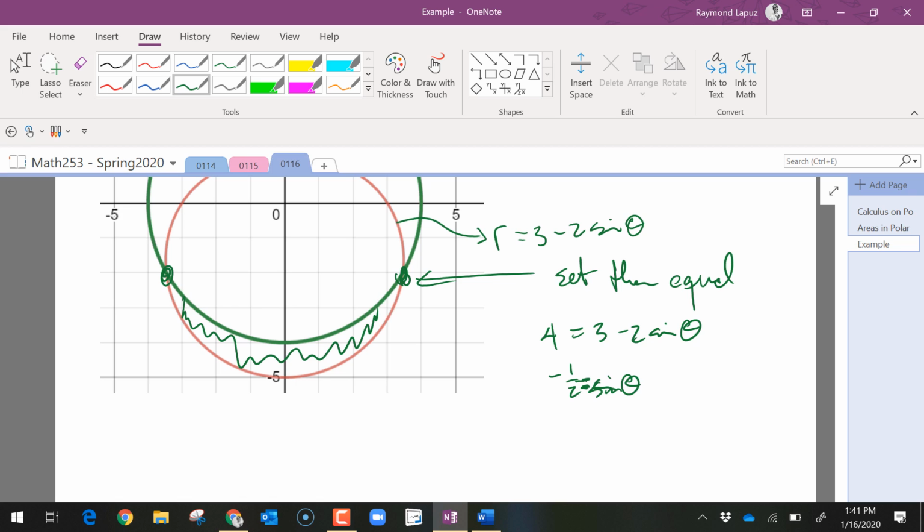So we want to remember your trig. Sine theta is equal to 1/2 when theta is equal to pi over 6. So that's the starting point. And if you don't know that, try to recreate the table. You guys know how to recreate the table really quick? Yeah, 0, 1, 2, 3.